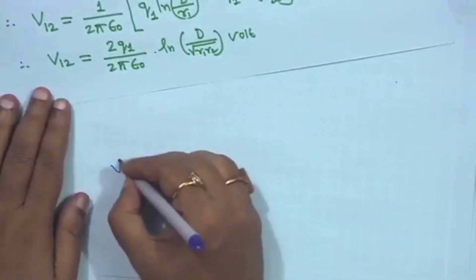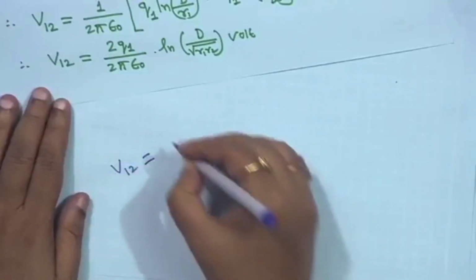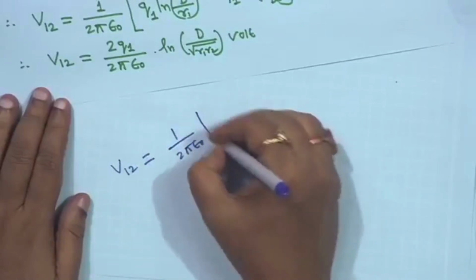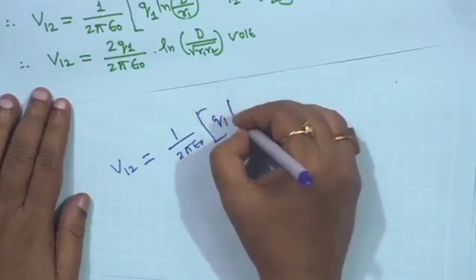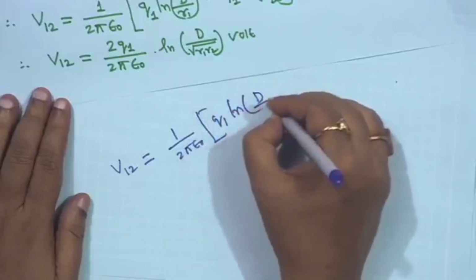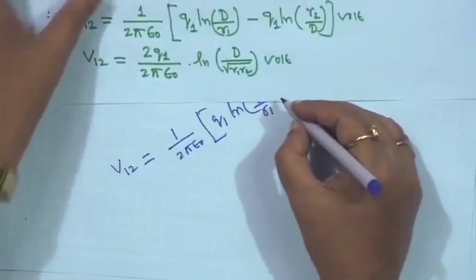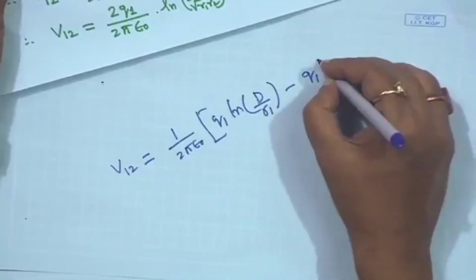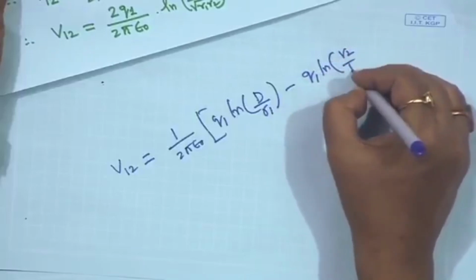So, V12 is equal to 1 upon 2 pi epsilon 0, then q1 ln d upon r1, and minus q1 ln r2 upon d.